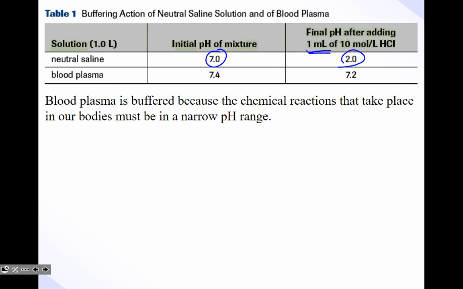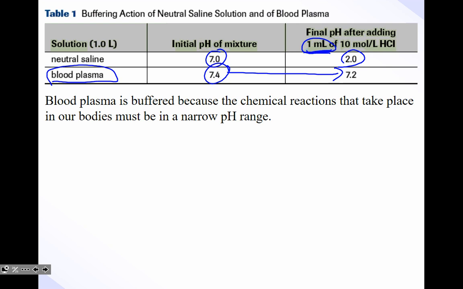That's a dramatic change. However, blood plasma is a buffering system, a weak acid with its conjugate base. If I add 1 milliliter of strong acid, 10 moles per liter, that's really strong, it's going to go from 7.4 to 7.2. Basically, the pH is maintained. Does that make sense, kiddos?